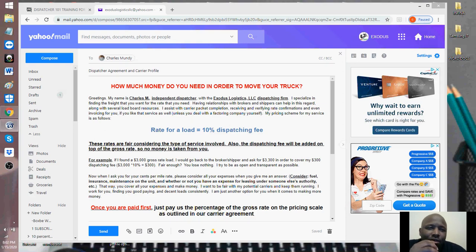I'm saying, I can't find your load because you didn't pay for the first load that I found for you. So he ended up paying me for that first load, but I still didn't find him that load after he paid me, because I didn't want to go through that same experience again. So sometimes in this industry, you take one step back to take three steps forward.